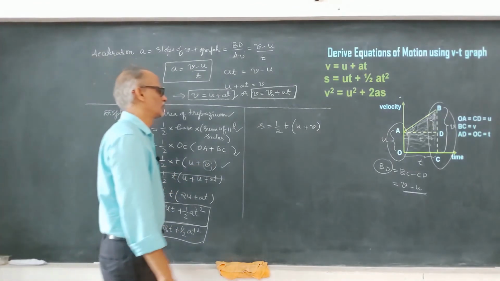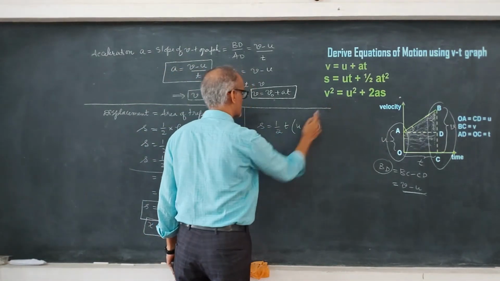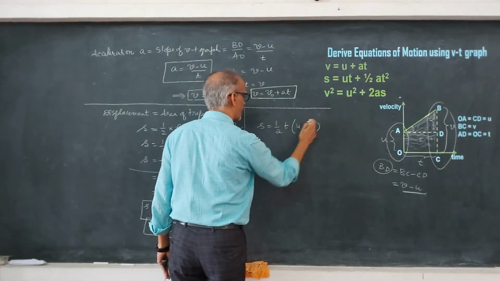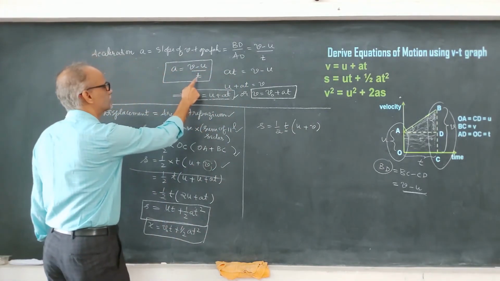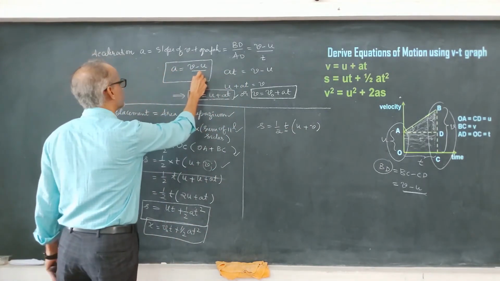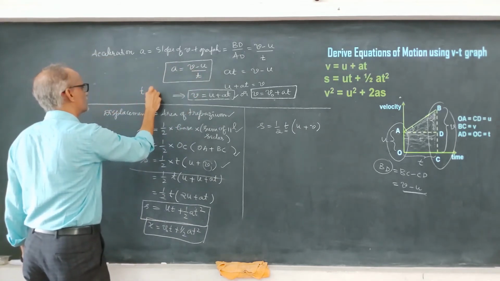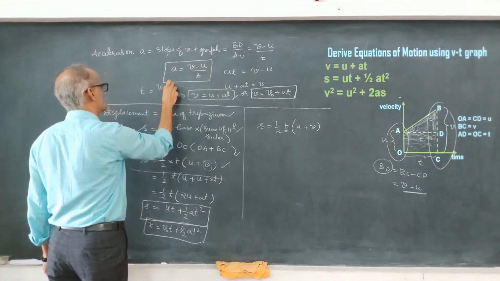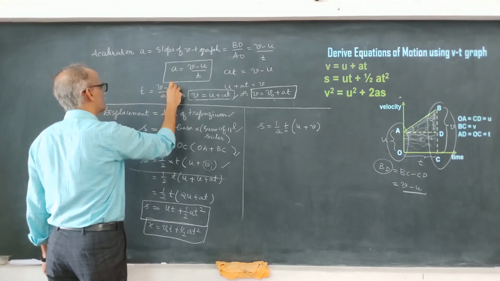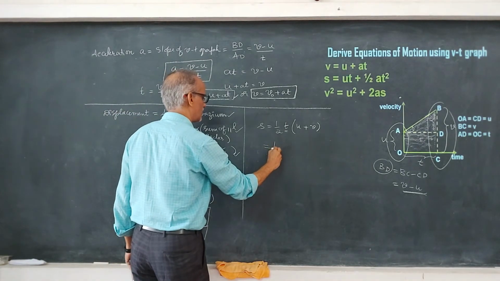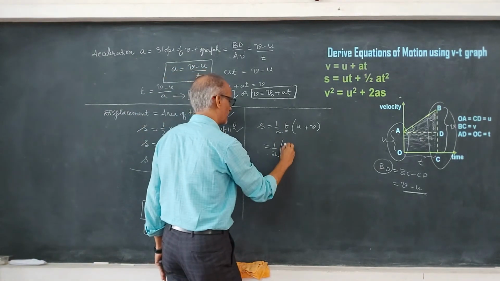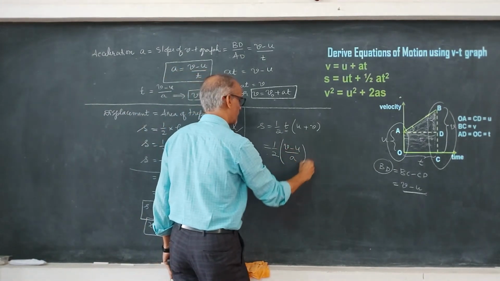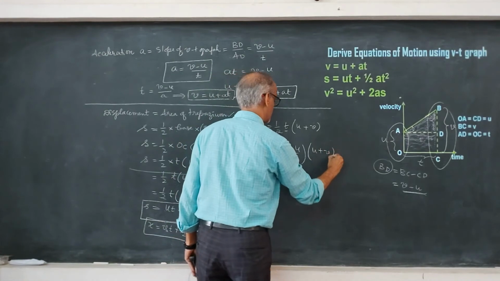But now, for the third equation, instead of replacing v, we replace t from here. What is a t? Rearrange. T is equal to v minus u by a. So that is what we do. Half t is nothing but v minus u by a, into u plus v.